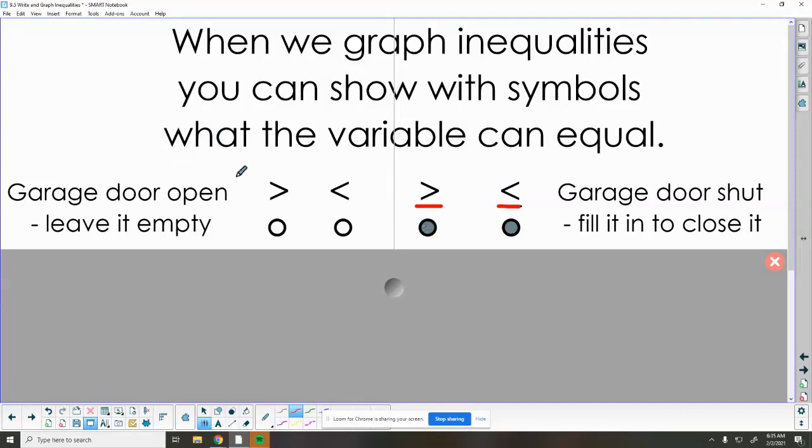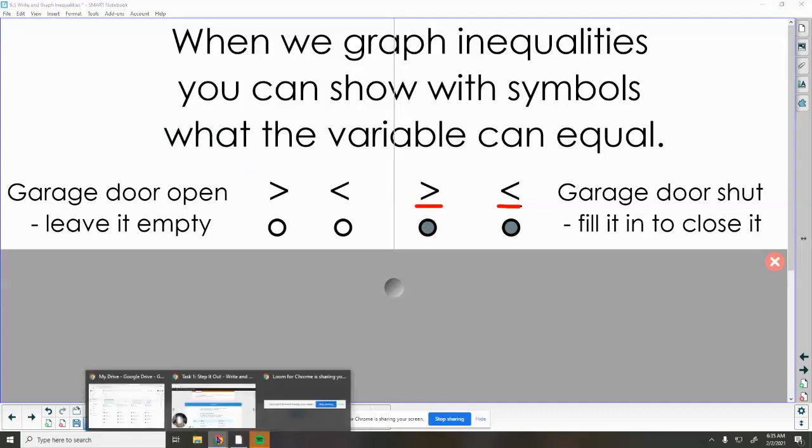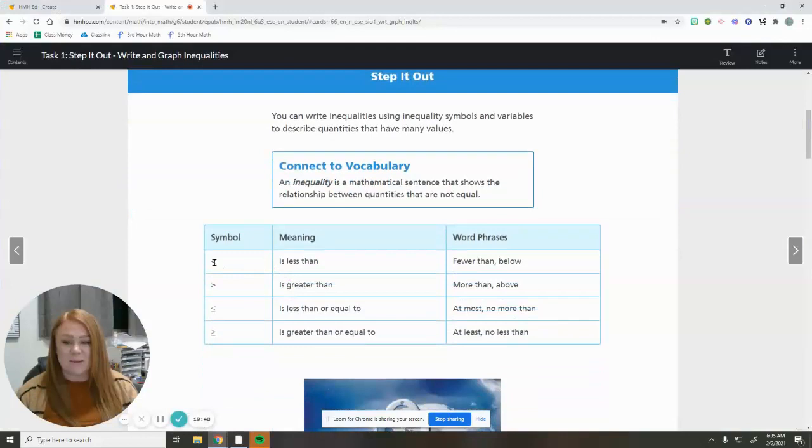Another way I think of it, whenever I say these, I always make a little hand motion. So here we can see, greater than or less than, it's open. So it's not included. I don't want to fill it in. Whenever I'm thinking of these, if 4 is equal to 4, it includes it.